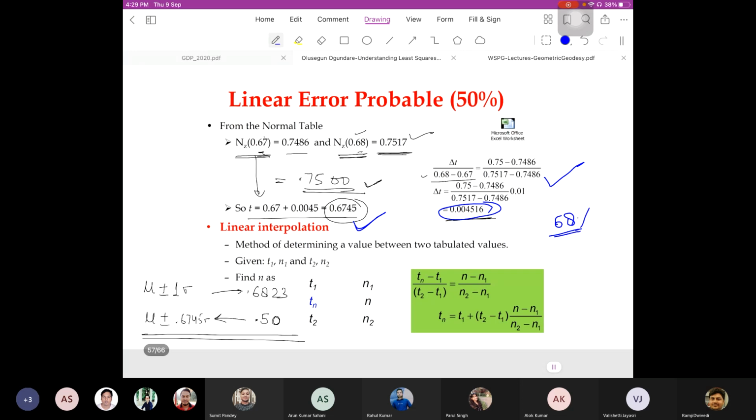Sorry, not the 68%. In fact, it is the k which we are trying to identify. So it is mu plus minus 0.68 sigma.